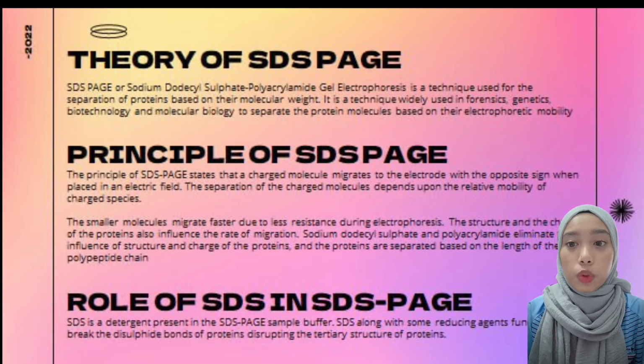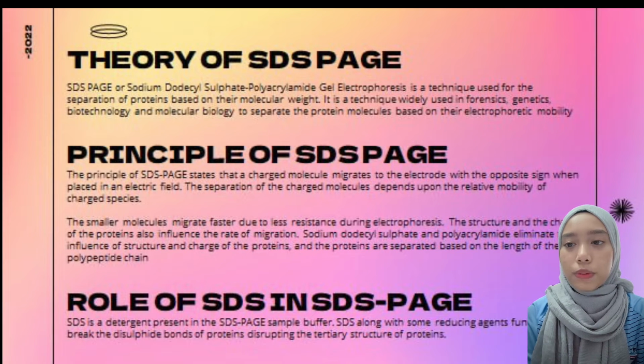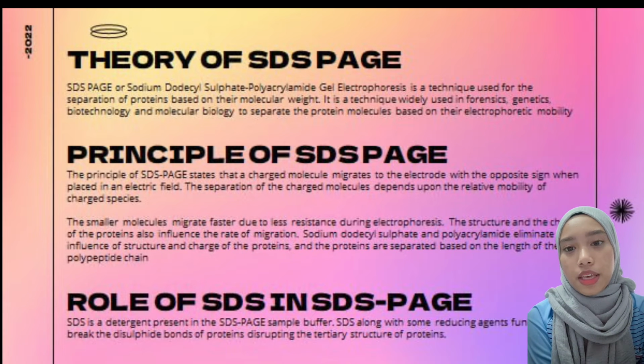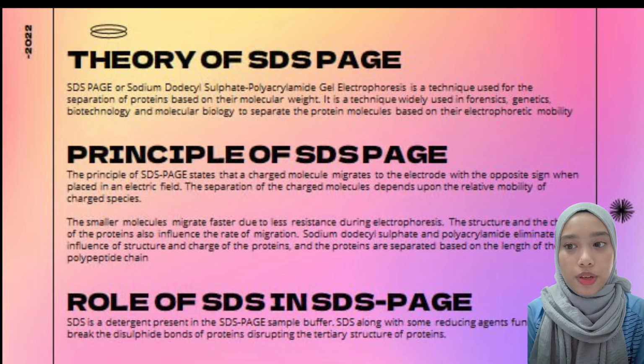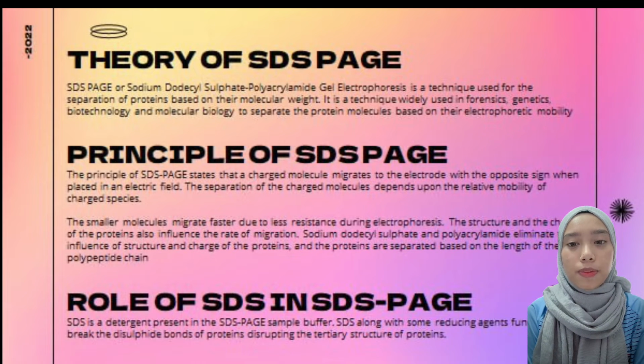The smaller molecule migrates faster due to less resistance during electrophoresis. The structure and the charge of the protein also influence the rate of migration. Sodium dodecyl sulfate and polyacrylamide eliminate the influence of structure and charge of the proteins, and the proteins are separated based on the length of the polypeptide chain.